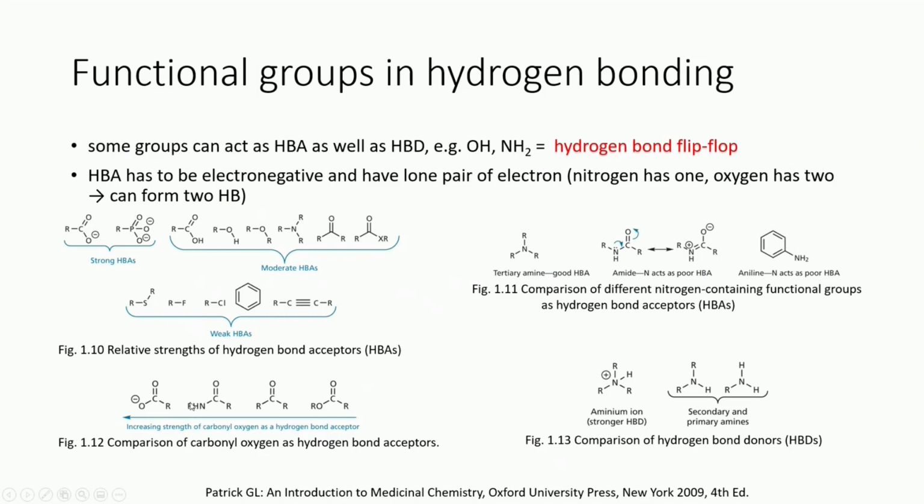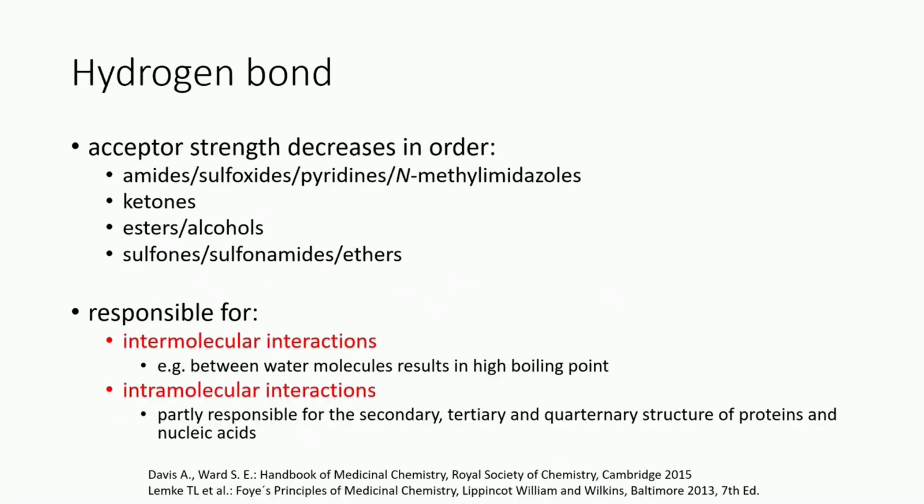So it is more probable that the oxygen will be the acceptor of hydrogen bond rather than the nitrogen in the amide bond. As for aniline, the nitrogen in aniline is a poor hydrogen bond acceptor. So it is again ordered here according to the hydrogen bond acceptor strength.